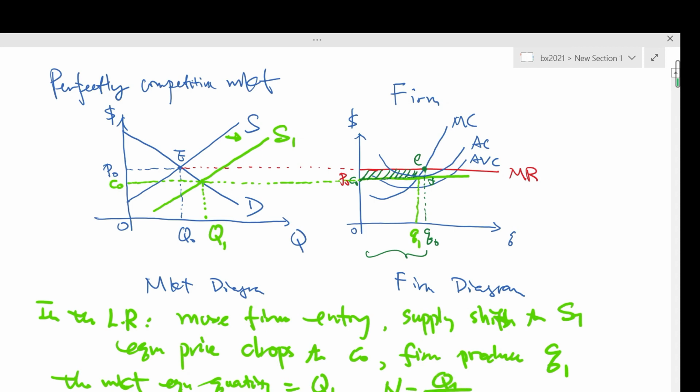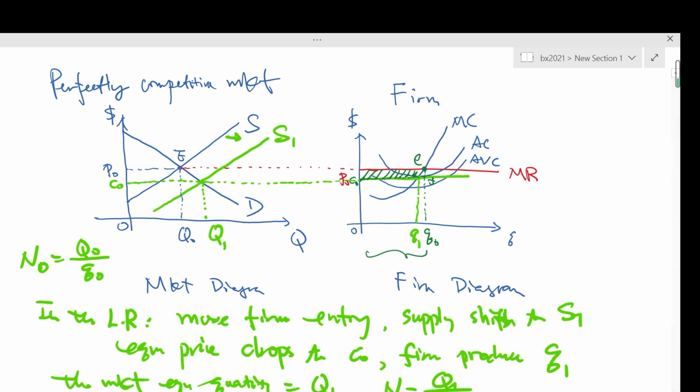And previously, this is called N1. Previously, in the short run, the number of firms is called N0. It's Q0 divided by little q0. Okay, so that's the short run and long run behavior of the firms in a perfectly competitive market.